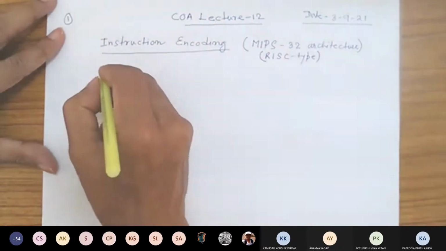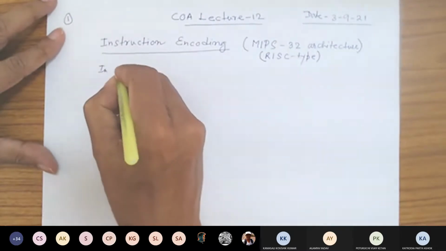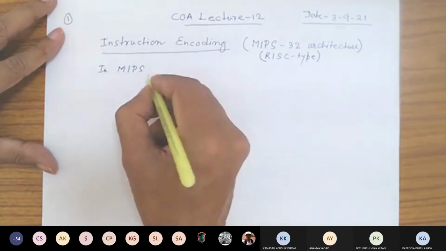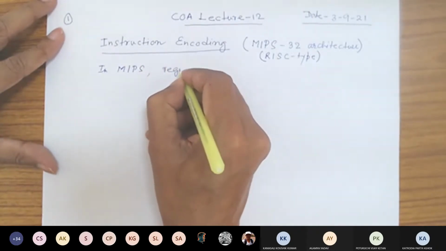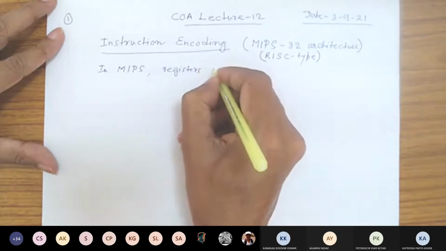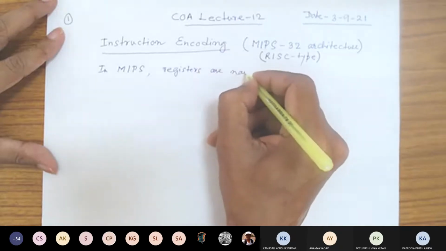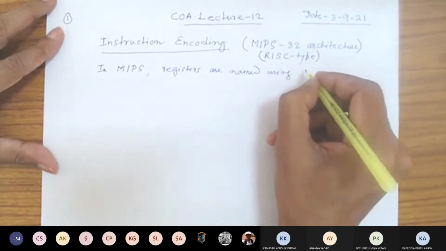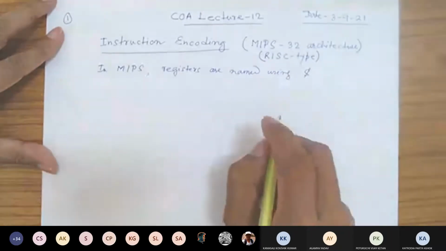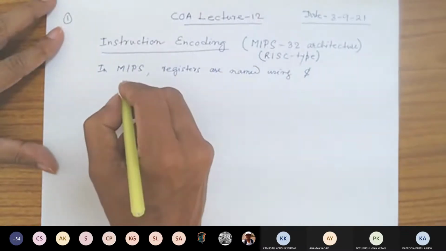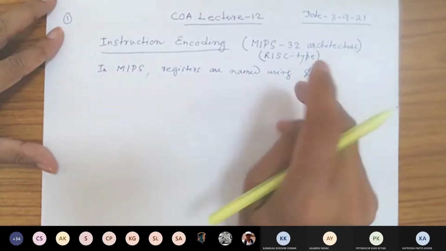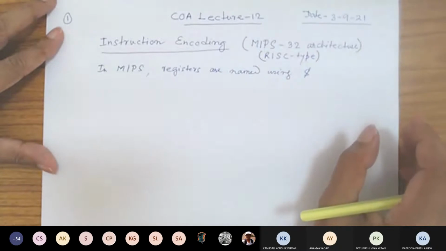So in MIPS, registers are named using $. Okay. They start with the $ symbol, followed by some other symbols also.